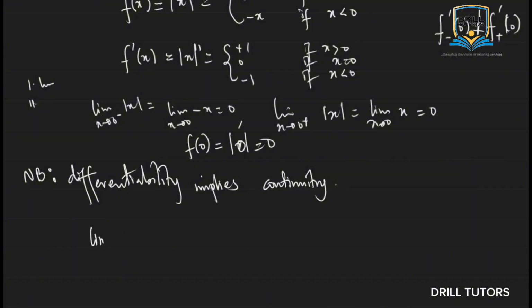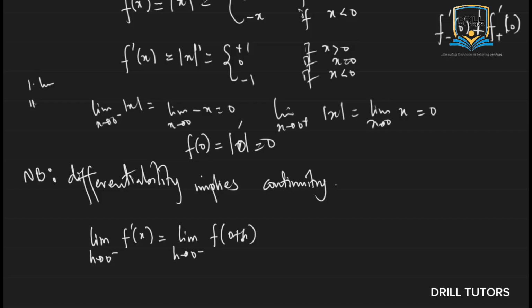So the limit as h is tending to 0 from the left of f prime of x, like this, which is the same thing as the limit as h tends to 0 minus of f at 0 plus h, because this point is 0.